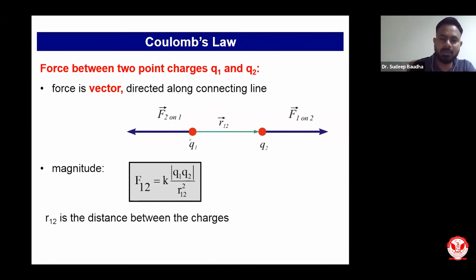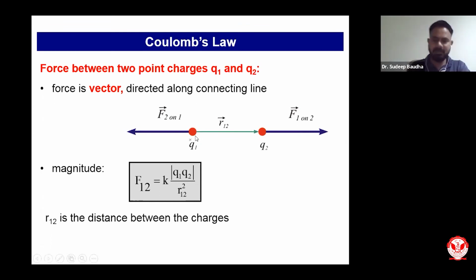So the magnitudes of F12 and F21 will be the same, but they will be in opposite directions. As I have indicated, the force of 2 on 1 is in this direction, and the force of 1 on 2 is in this direction. So in terms of magnitude, both forces will be the same, but in terms of direction, the forces will be reversed. That is what is clear from this particular diagram.